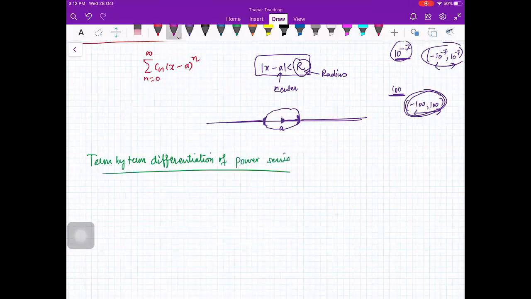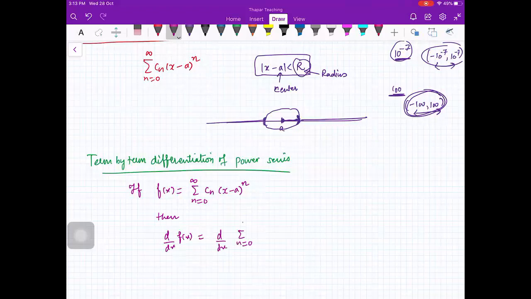This says that if f of x is equal to the sum from n equals 0 to infinity of Cn times (x minus a) raised to power n, then dy by dx of f of x is equal to dy by dx of the sum from n equals 0 to infinity of Cn (x minus a) raised to power n, and this is further equal to the sum from n equals 0 to infinity of Cn times dy by dx of (x minus a) raised to power n.